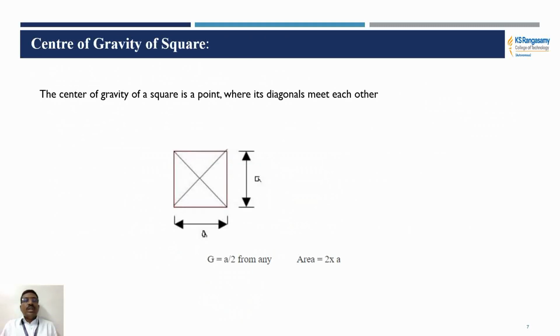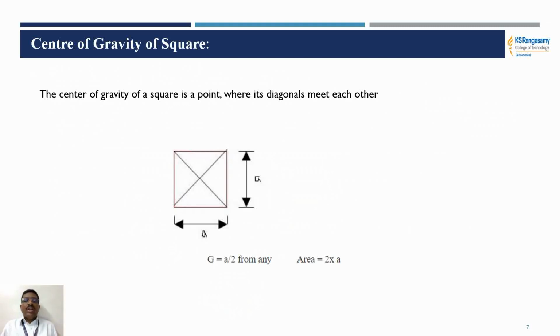Now the center of gravity of a square. It is also the point where the diagonals meet each other. Consider a square with dimensions a on both sides. If we find the centroid along the x direction, it is a divided by 2.